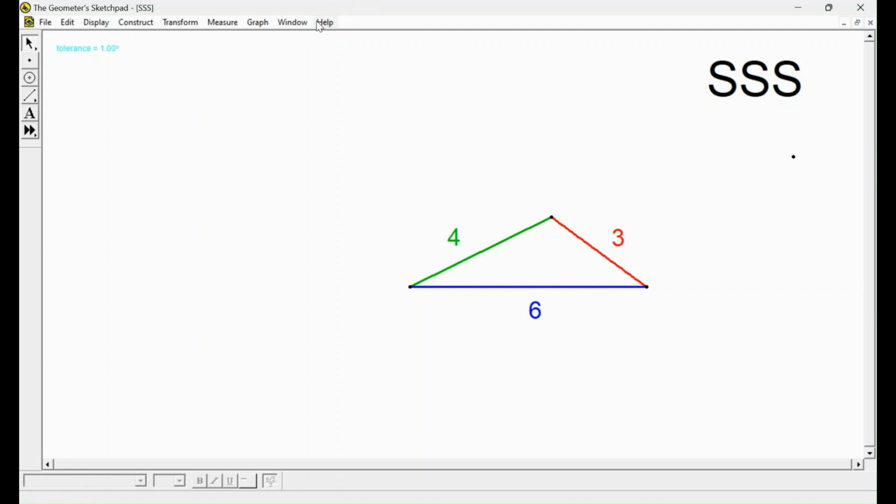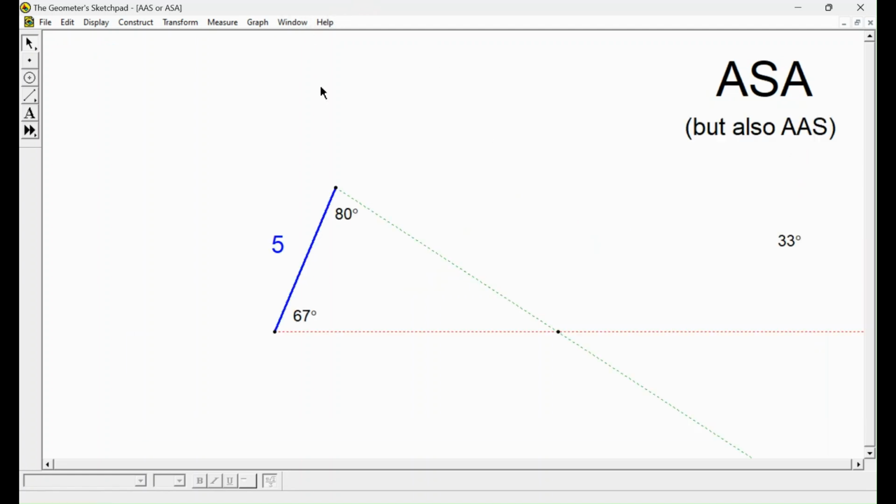I want to talk about something you've heard me say in class, that angle, side, angle, and angle, angle, side, while technically different, are fundamentally the same piece of information. For example, let me move some things around. This triangle here that you can see with the green, red, and blue, I would call that an angle, angle, side situation because the side we know is not between the two angles.